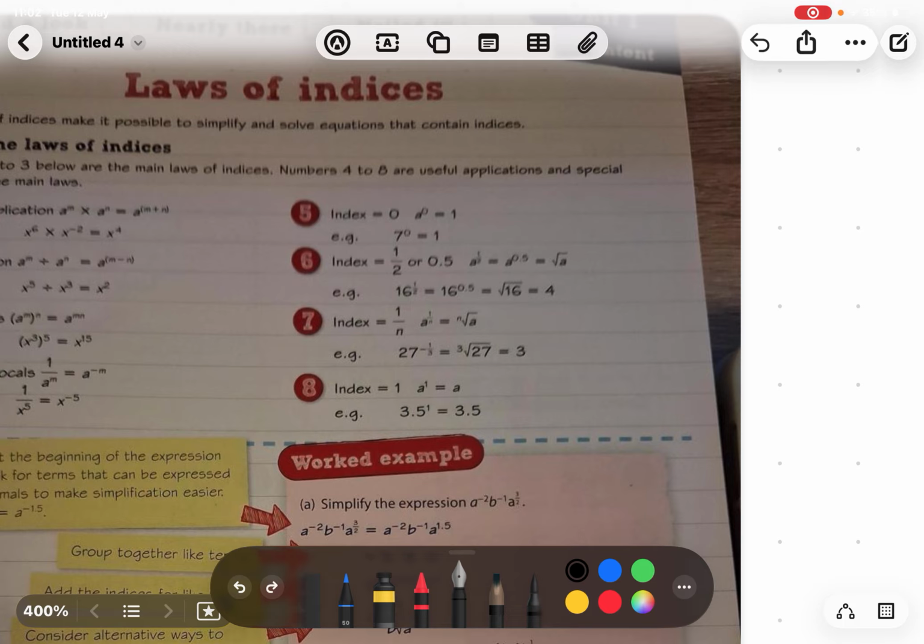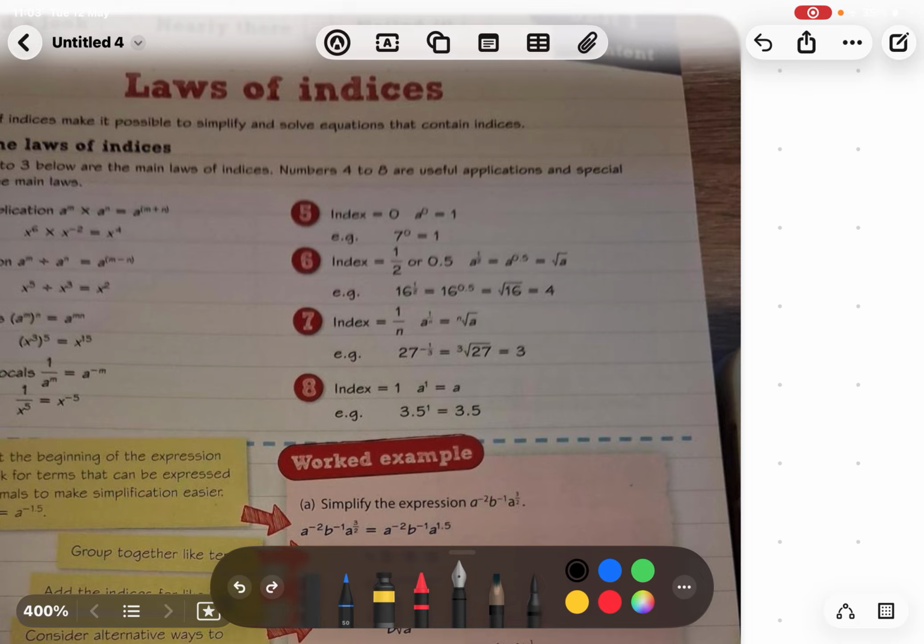Now this, that's kind of what we talked about here. So 1 over n. Basically, if the power itself is only a number without a power, it says that it is a root, and whatever the number here is, it will go over here.